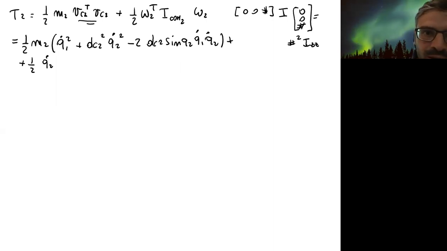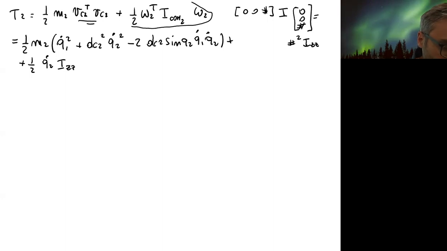So we express this term IZZ. This becomes a scalar because the energy is a scalar. So we have IZZ Q2 dot squared, a quadratic form that becomes like this.